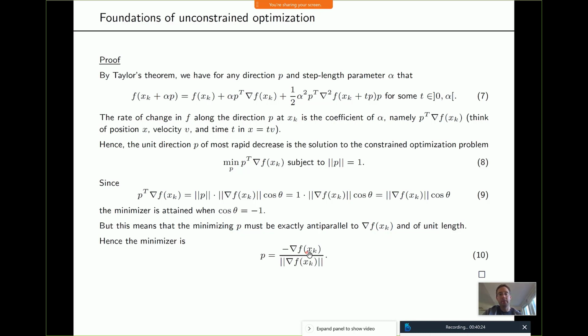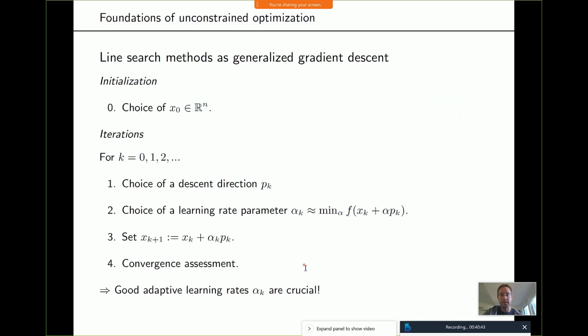And antiparallel means that p is equal to minus the gradient, and then you need to make sure that you respect this constraint. So if you then divide by the norm of the gradient, then you have normalized this.